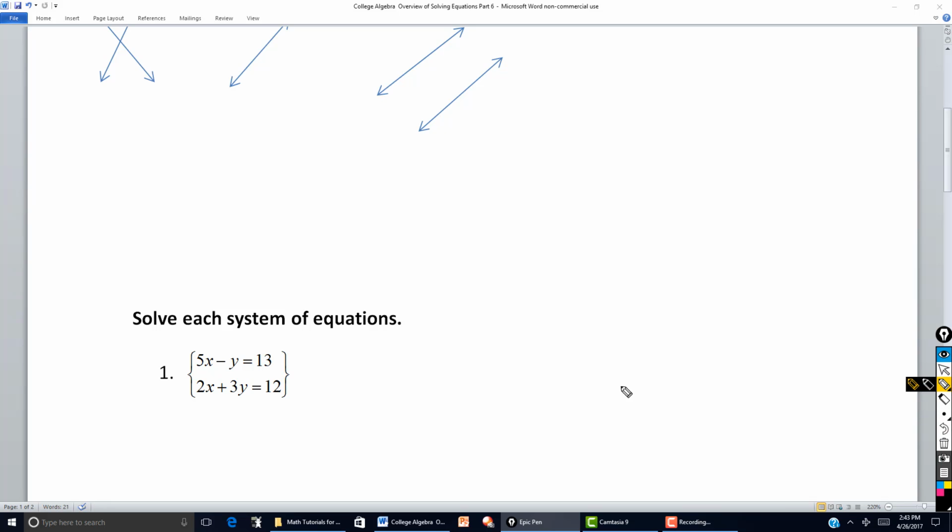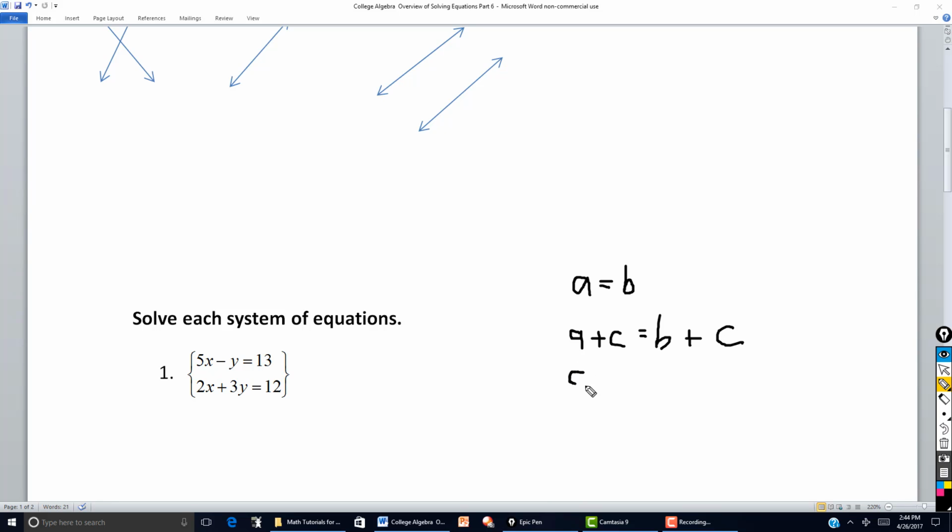Okay, so when I use the elimination, which is what I'm going to do here, basically we're using the properties of equality. So if I have, say, two numbers a and b, and I say those numbers are equal, a is equal to b. If a is equal to b, then I can add the same number to both sides, say c, and I still have equality.